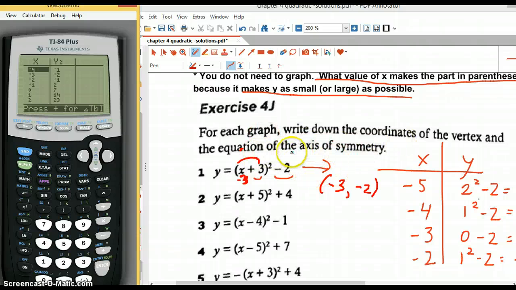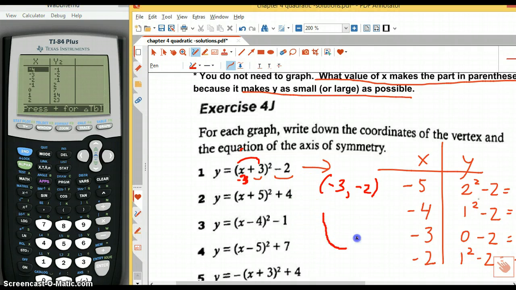The other thing they asked was the equation of the axis of symmetry. Once you know the vertex, the axis of symmetry is very easy, because it's just the line going through the parabola, the mirror image line, right there. So what is the equation of this line? Vertical lines don't have a typical equation like y equals 3x plus 1.